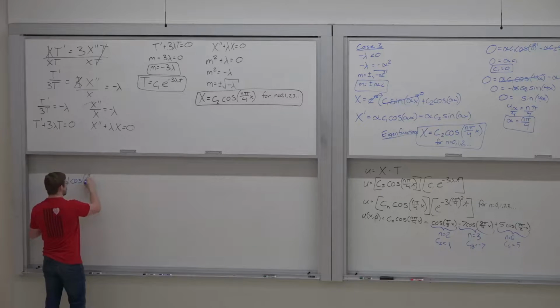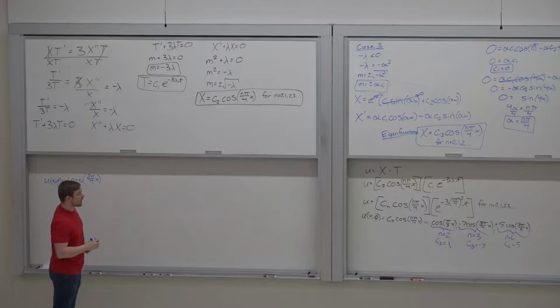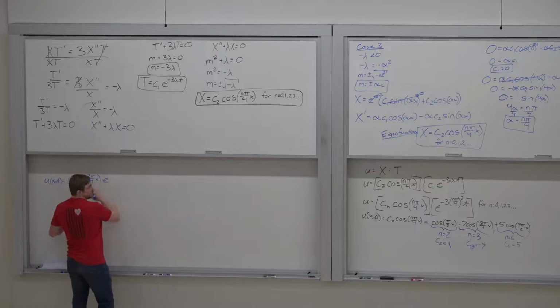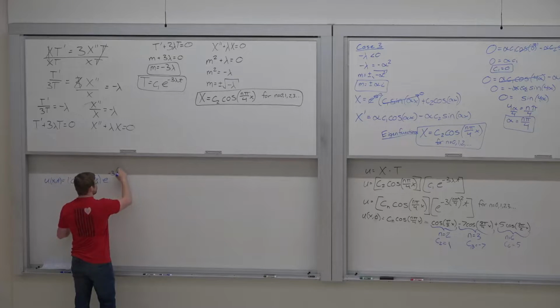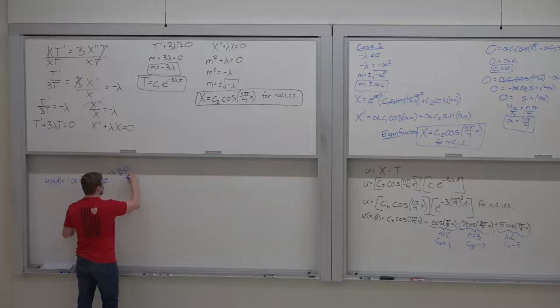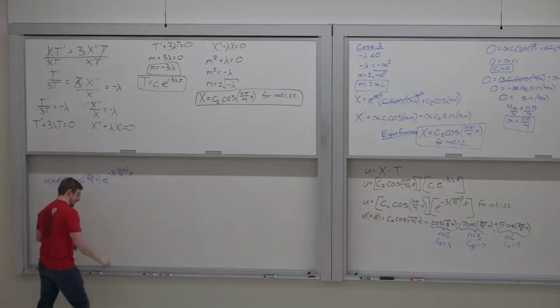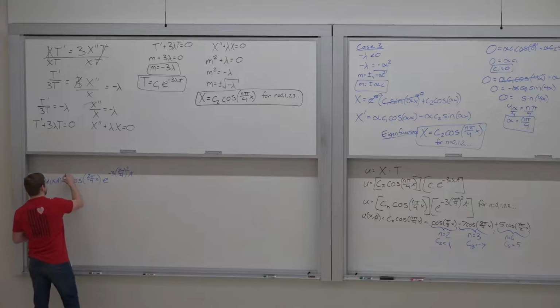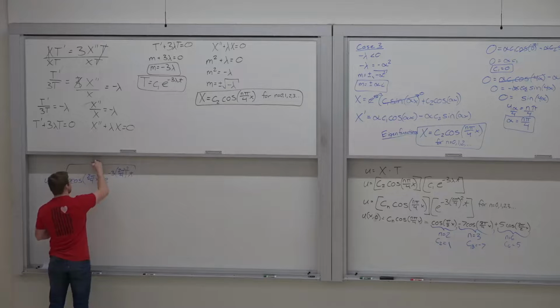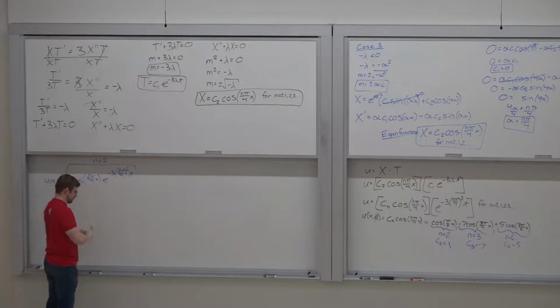So this is going to be 2 pi over 4 x times e to the -3 times 2 pi over 4 squared times t. And this whole thing is just my n equals 2 term.